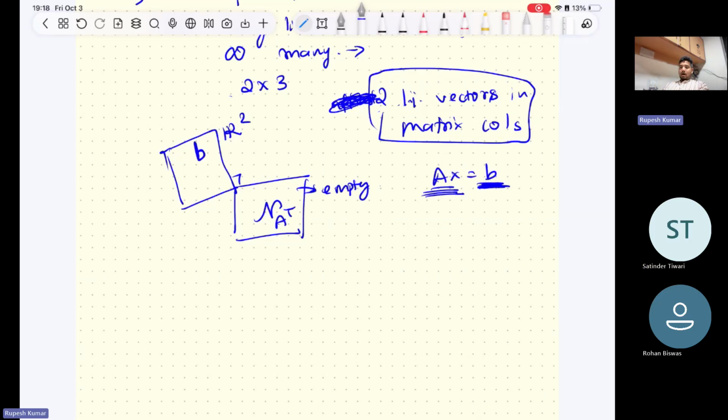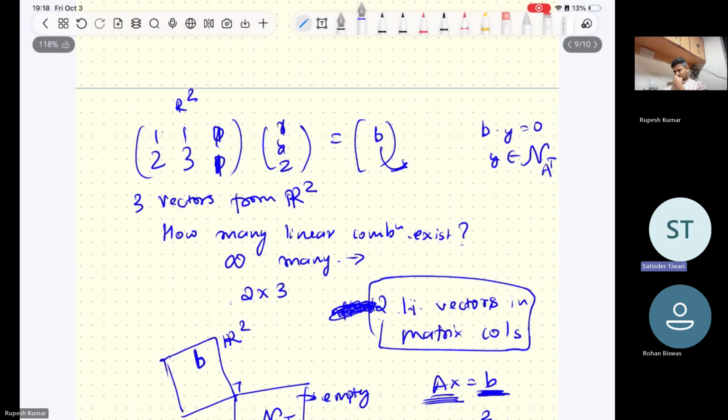But my question is, how can it be in R2 as well as null? I'm not saying it is in R2 or null. It can be anywhere, in between also, because if we take the basis of both, I think in that space also it can be represented.